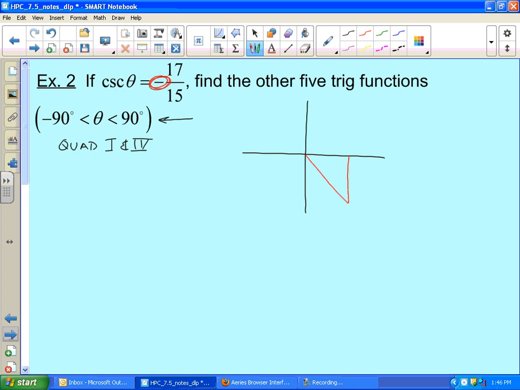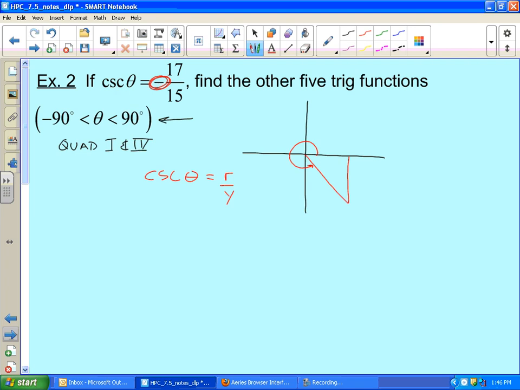And let's put the parts of the triangle together based on what I have. So a cosecant of this angle theta. So here's the angle theta. The cosecant, remember, is the reciprocal of a sine. So if a sine is a y over an r, this is an r over a y.